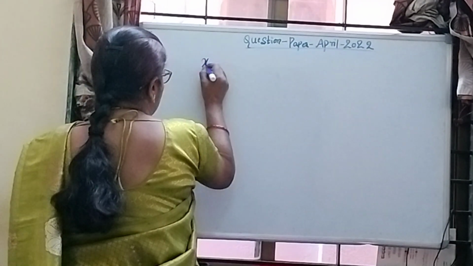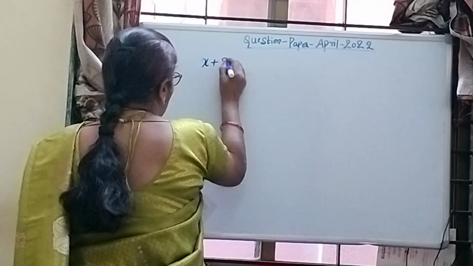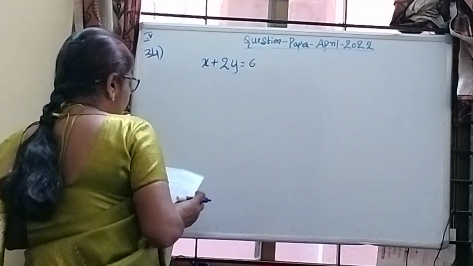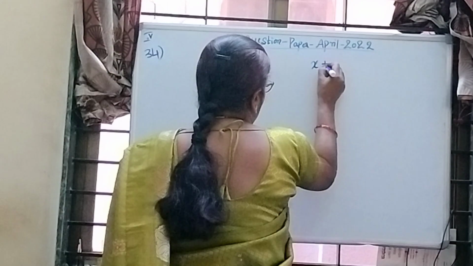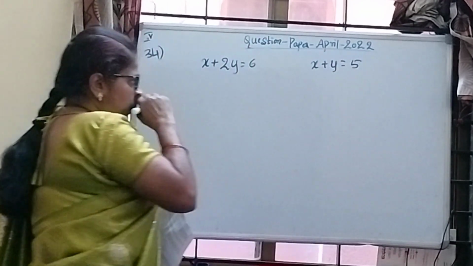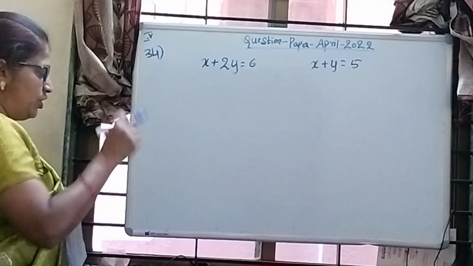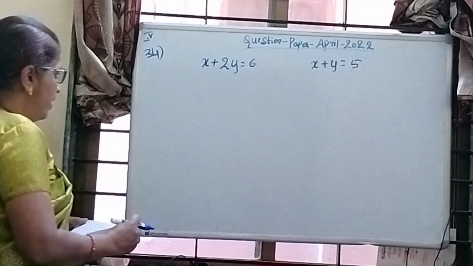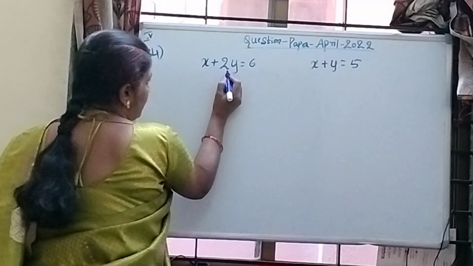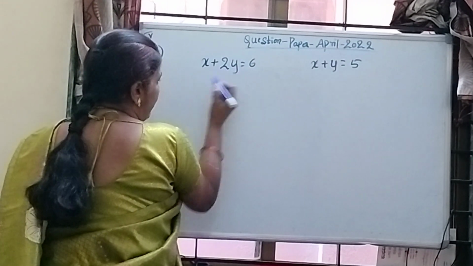The first equation is x plus 2y is equal to 6. Another equation is x plus y is equal to 5. To solve it graphically, first we need to work out the points. Usually we take y values.